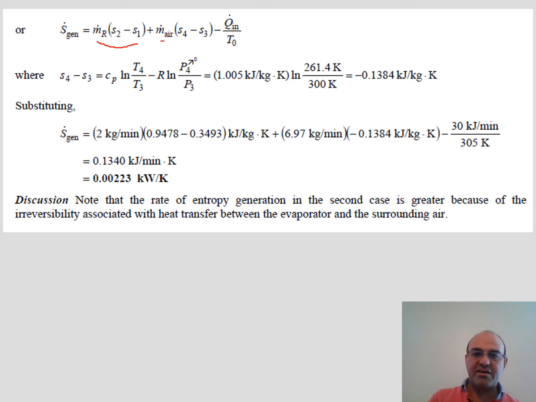For the air, only T4 is different this time, everything else is the same. So entropy generation this time is greater than the entropy generation in the previous case, because this case involves heat transfer as well. So since heat is transferred to the system, it brings in entropy as well, or generates entropy.